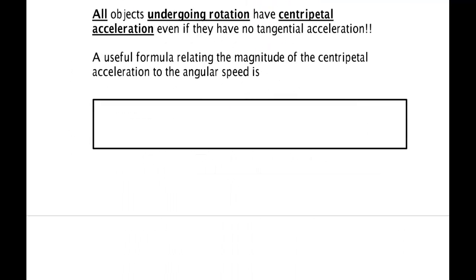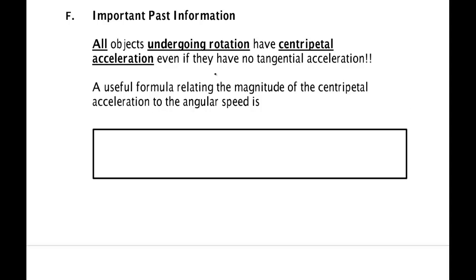Some important past information we've talked about at the beginning. All objects undergoing rotation have centripetal acceleration, even if they have no tangential acceleration, even if alpha is 0. If the disk is spinning at 30 revolutions per minute, if a wheel is rotating at 15 radians per second, even if that speed is constant, there's still acceleration of every particle because they are changing direction.